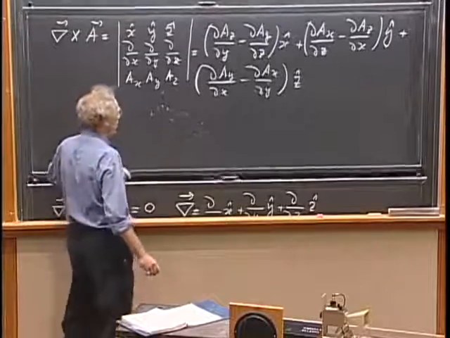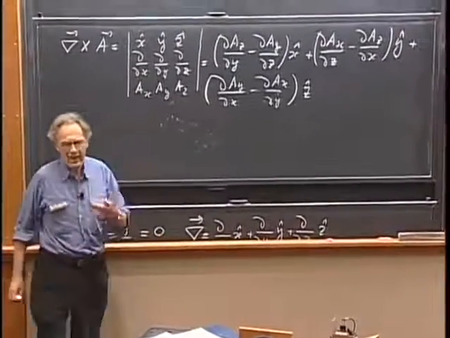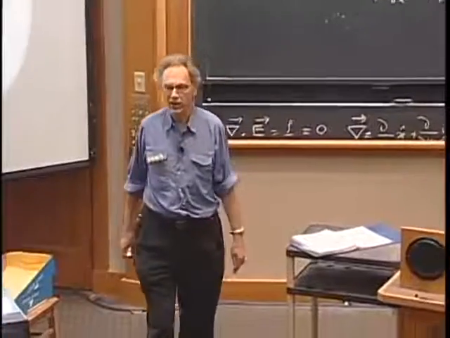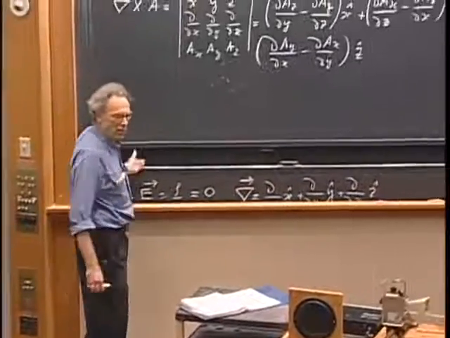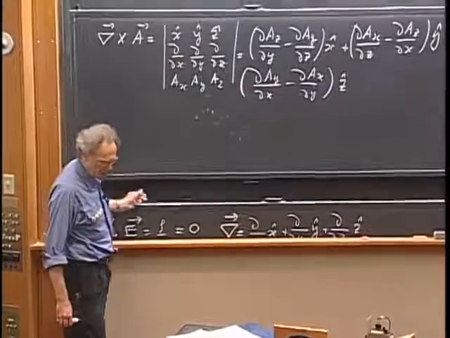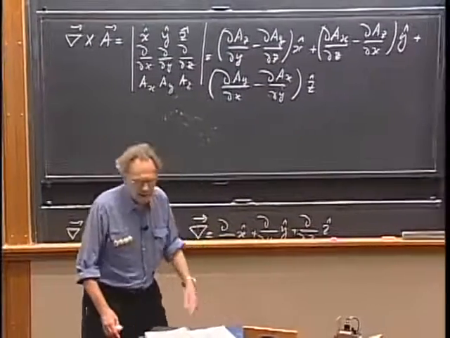There is one and only one vector manipulation with the del vector that I want you to know. I don't want you to remember it. I certainly don't remember it, but we need it today. And that is the curl of the curl.